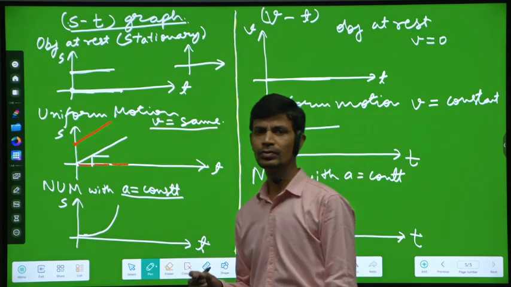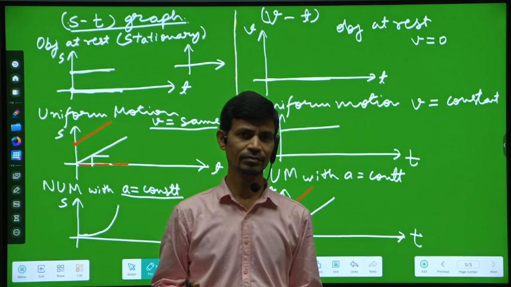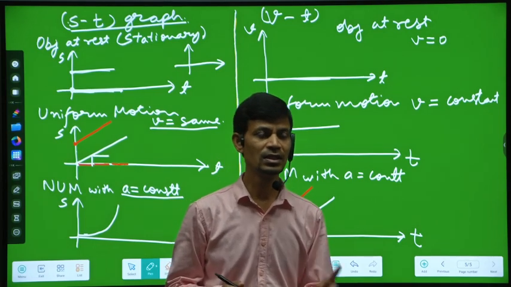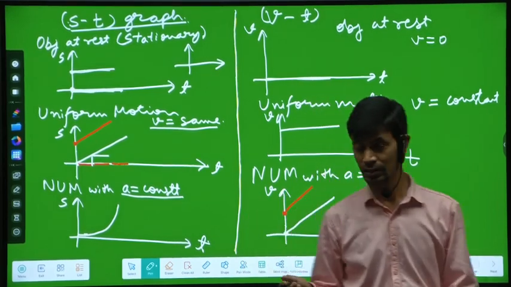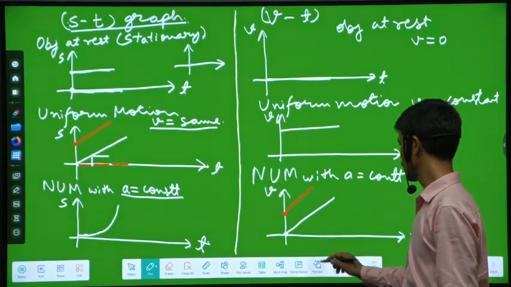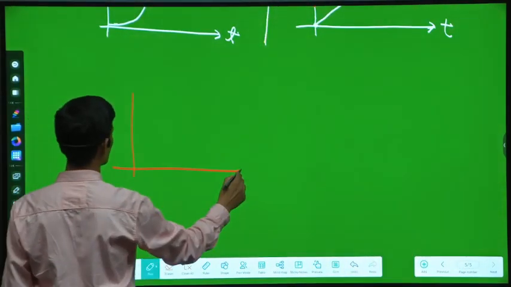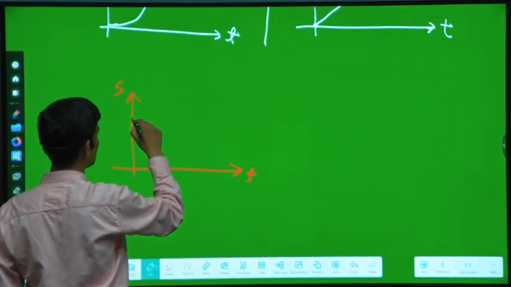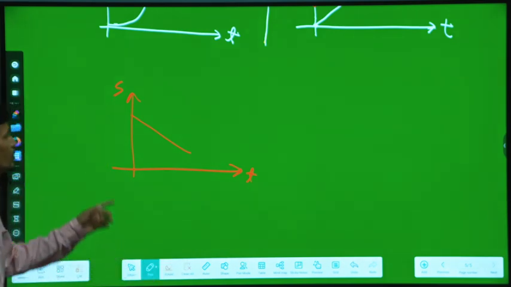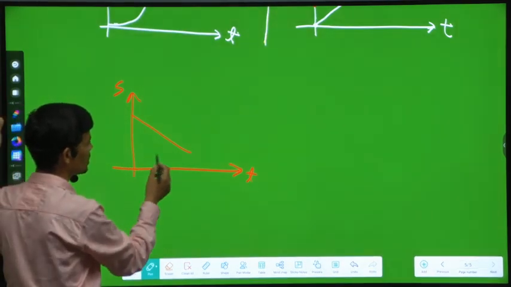As I told you, a distance-time graph and a displacement-time graph can be all alike. The only difference is that distance can never be negative and can never be decreasing. See, if a graph goes like this, it can never be a distance-time graph, because distance can never decrease.